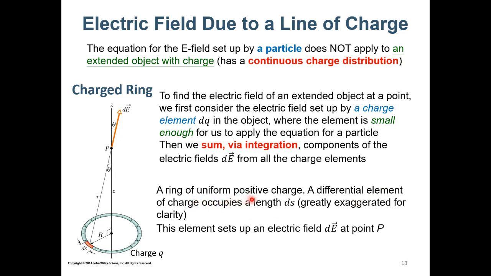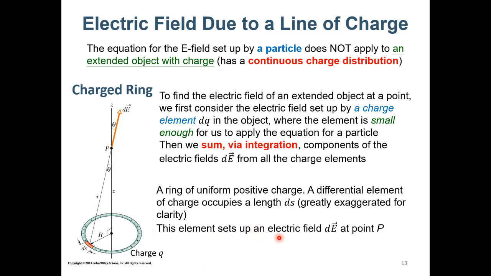So a ring of uniform positive charge. A differential element. Differential element means this part, the orange part, ds, of charge occupying a length ds, greatly exaggerated for clarity, drawn very large but it should be a very small, infinitely small element.